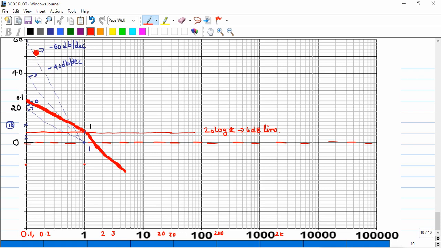we need to draw parallel to this 60 dB line. I will extend till this point, and I will consider this as infinity. Let me use a different color for this particular line.